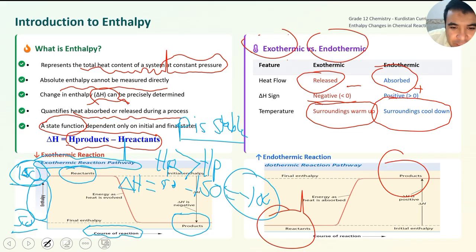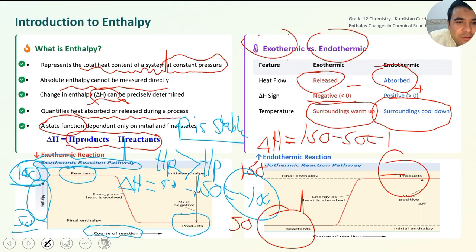As we can see, suppose it's 50 and then the one above is 150. So let us determine the enthalpy change, which is the product 150 minus 50, resulting in a positive enthalpy of 100 kilojoules. So for endothermic, the enthalpy change should always be a positive value, more than 0.